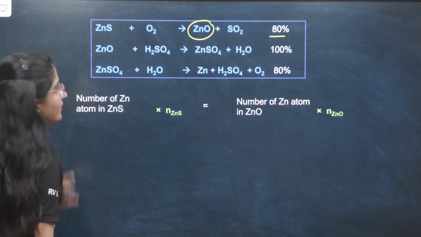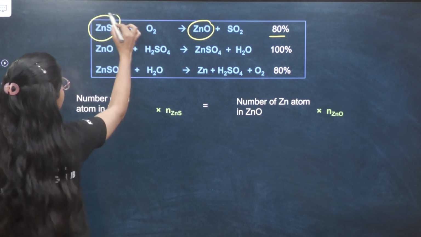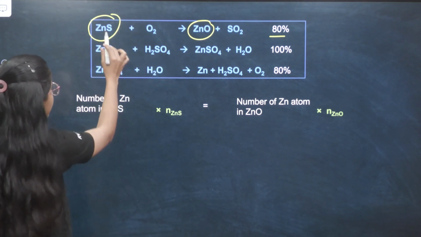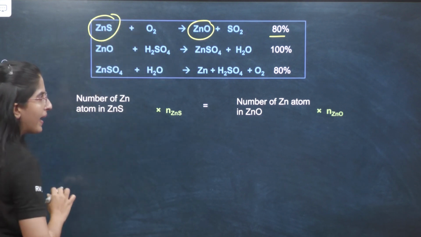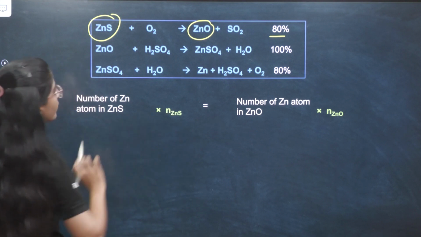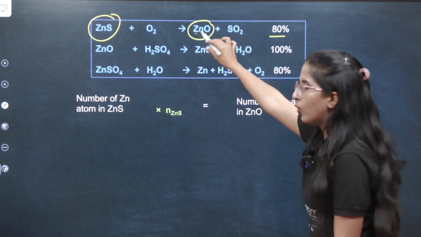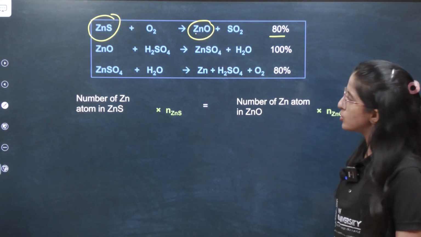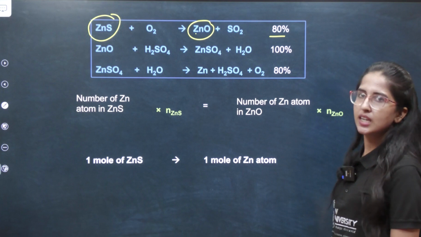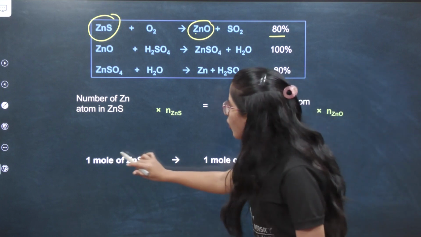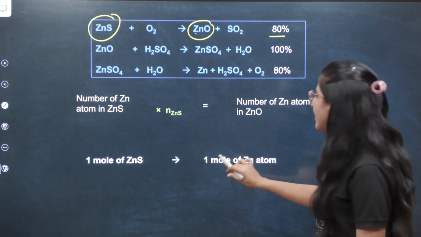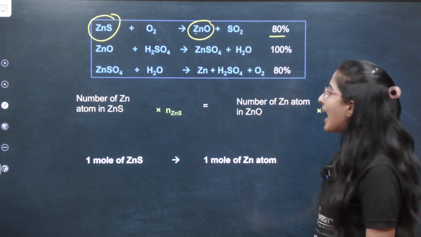First I will take this one. Here zinc, correct? Number of zinc atoms in ZnS multiplied by the number of moles of ZnS, and here the number of zinc atoms in ZnO multiplied by the number of moles of ZnO. From this, you will get 1 mole of ZnS giving rise to 1 mole of zinc atom.